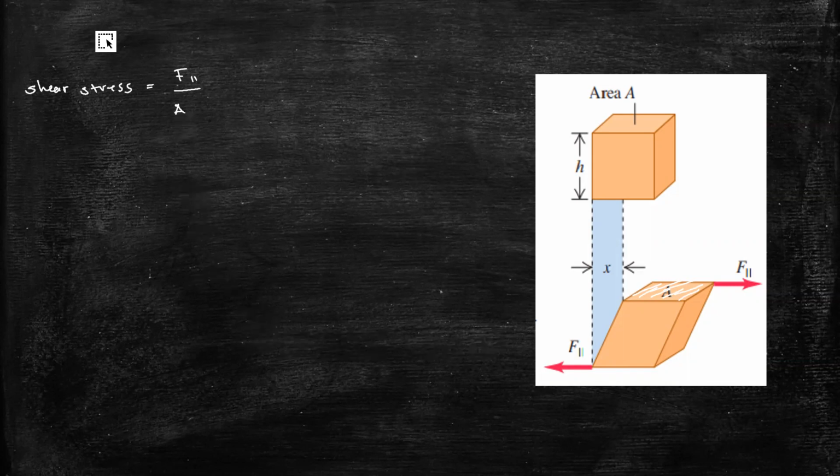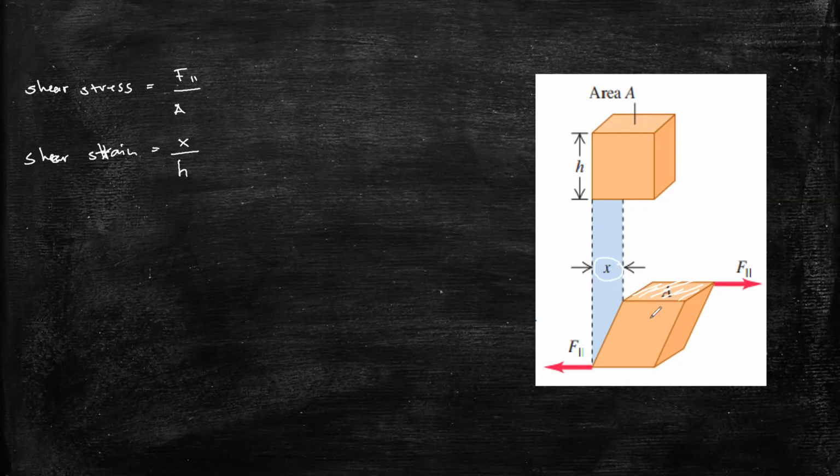So for the shear strain, it will be a little bit different from our tensile and bulk strain. Our strain here is equal to x over h, where x is this one, the displacement of the two faces.